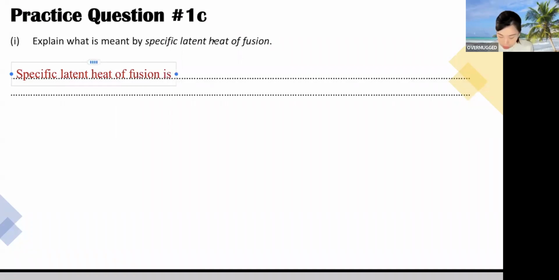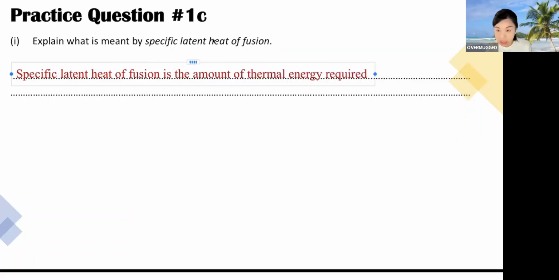Latent heat of fusion is the amount of thermal energy required. Now, because it's specific, it means per unit mass. If they don't add the word specific, then there is no per unit mass.